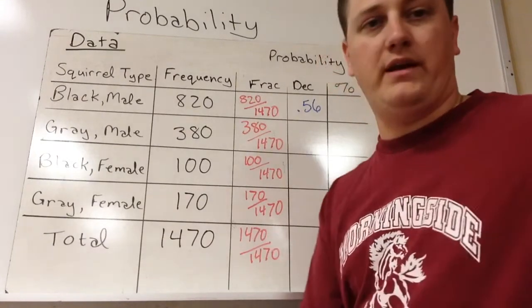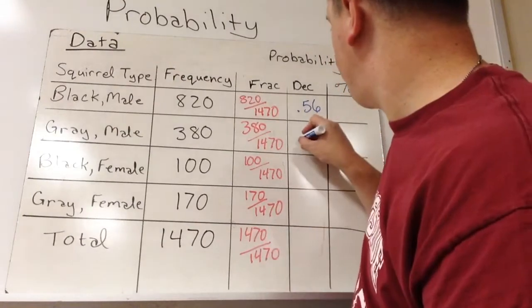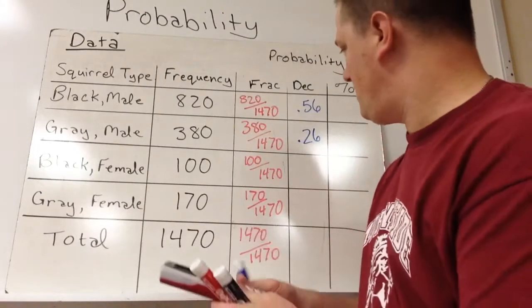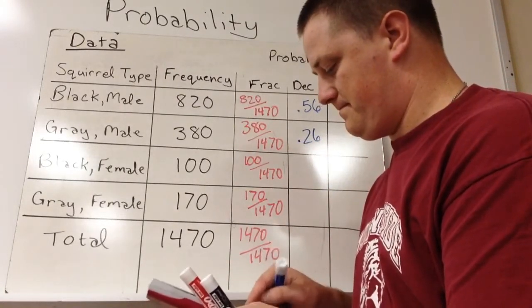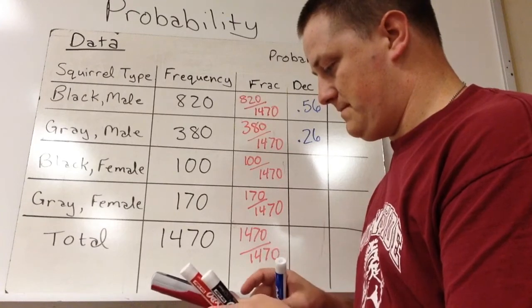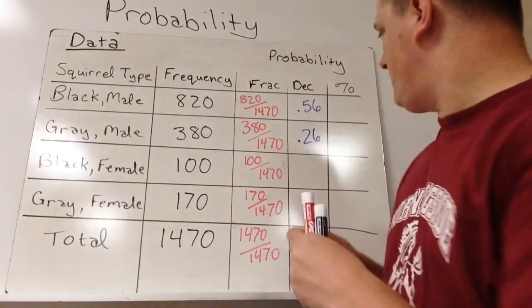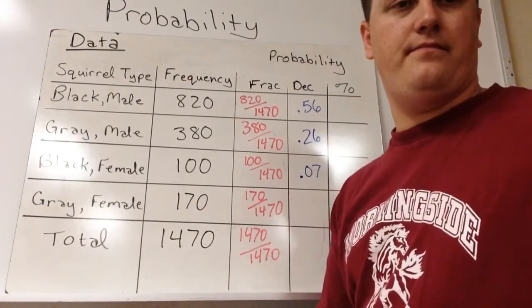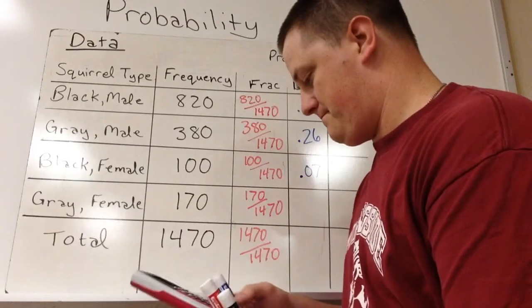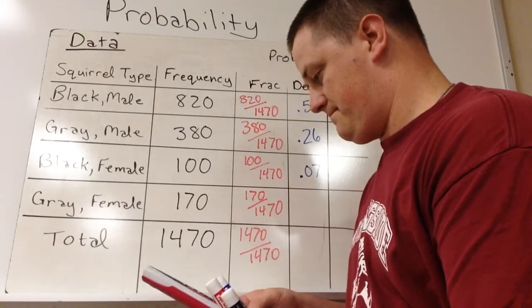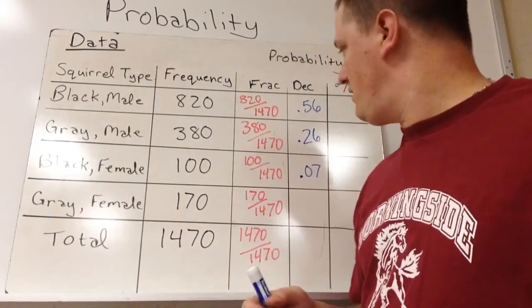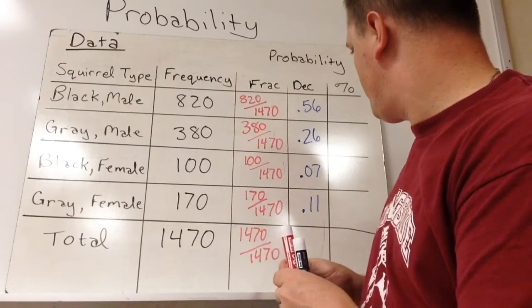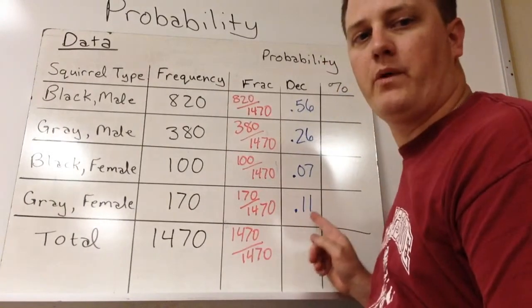So this one we're going to go 0.26 as it rounds up. And we've got 0.07. And 0.11. Now this is actually 0.115.